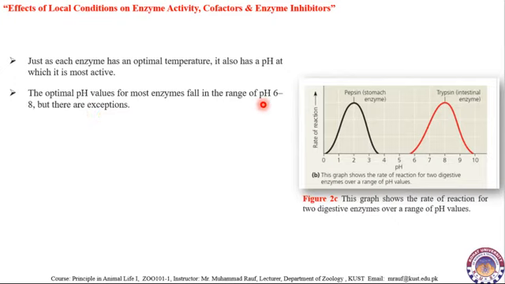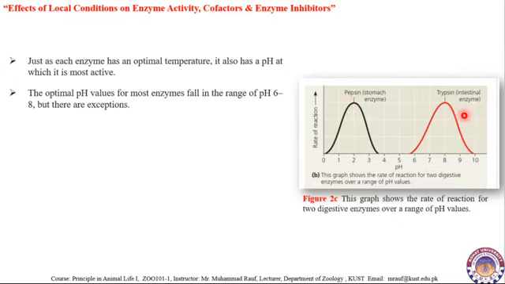Now this is the optimal range, 6 to 8. But here is an astonishing example of the pepsin enzyme, which is found in the stomach, because the stomach has a highly acidic environment courtesy of the presence of hydrochloric acid. So pepsin works best at a pH of 2, a highly acidic pH.